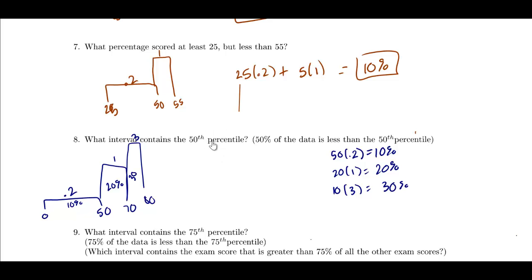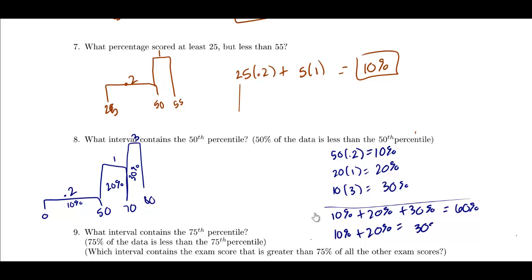So 30%. Well, now if I add all those together, 10% plus 20% plus 30%, that would give me 60%. So that's over 50%. So maybe I went too far. If we added just the first two together, 10% and 20%, that's only 30%.